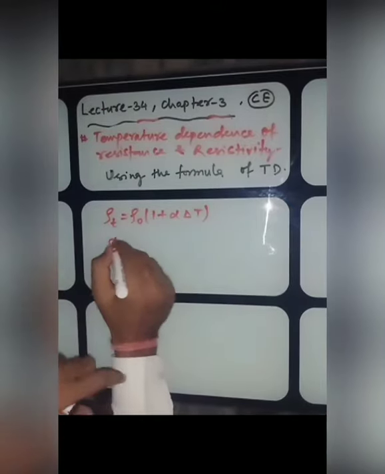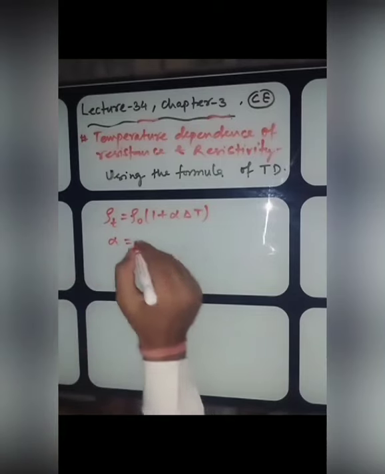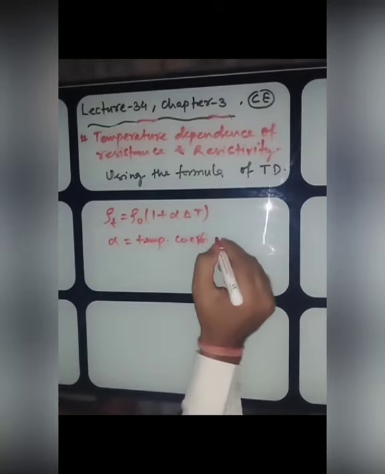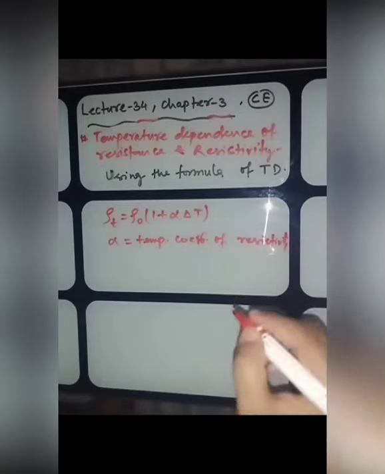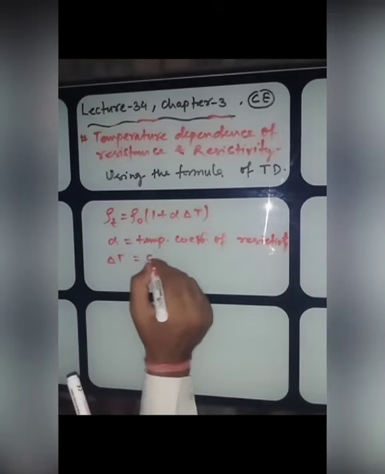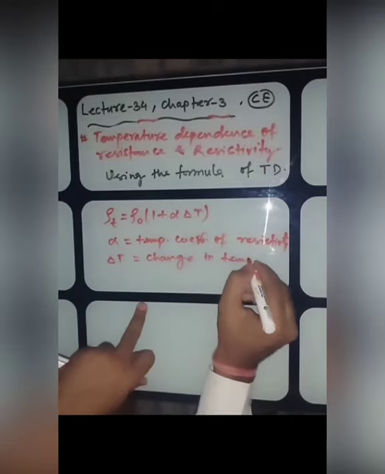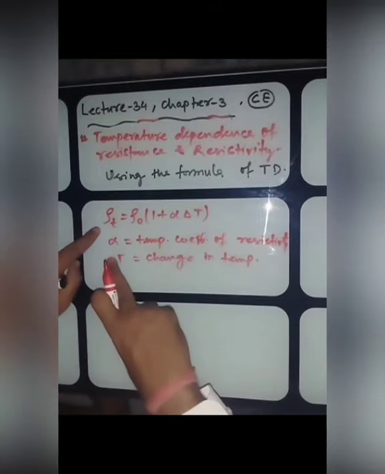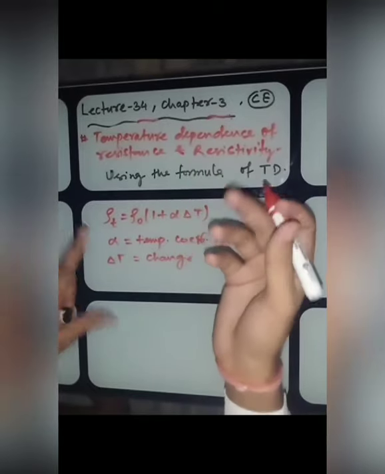Alpha is the temperature coefficient of resistivity. And delta T is the change in temperature.